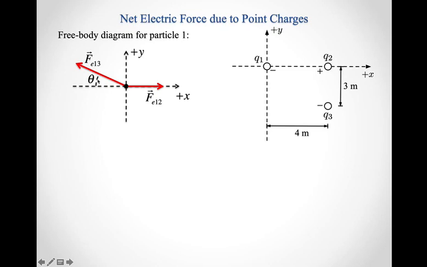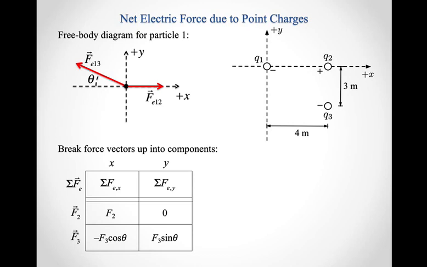So the electric force exerted on particle 1 by particle 3, as it tries to repel it away from itself, is going to point at an angle theta above the negative x-axis.